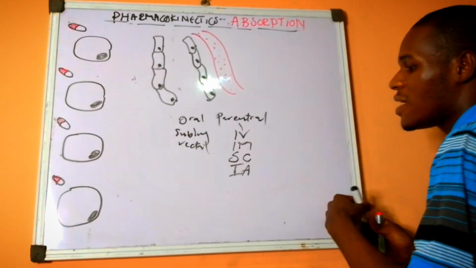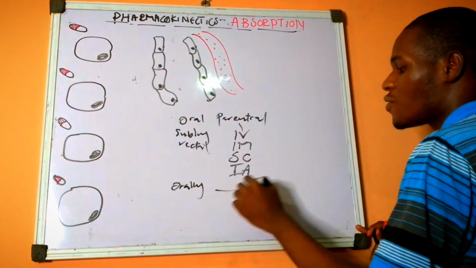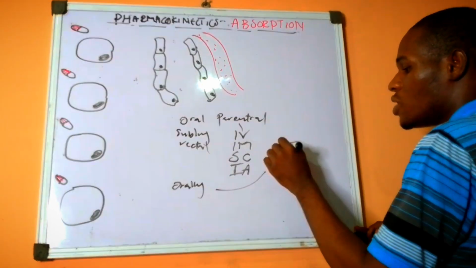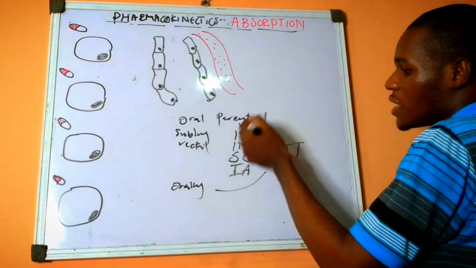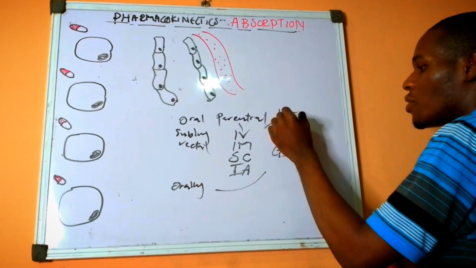When a drug is taken or given orally, the drug will of course have to go through the esophagus into the GIT, the gastrointestinal tract. And when a drug is given intravenously, it goes directly into the bloodstream.